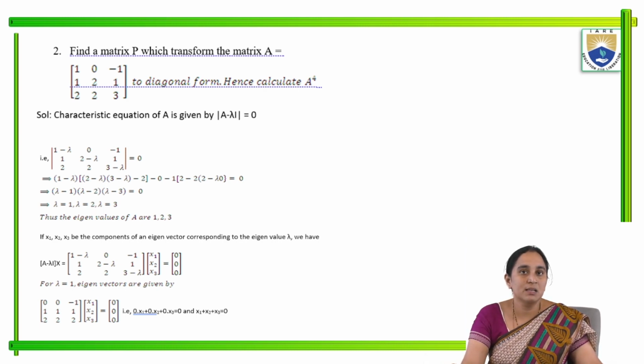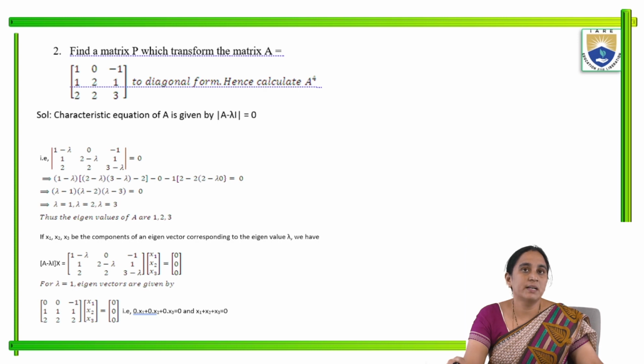Here the question asks for two things: one is the diagonal form, and the other is the calculation of A power 4. The solution uses the same concept. For the given matrix, first verify whether it is a square or rectangular matrix.